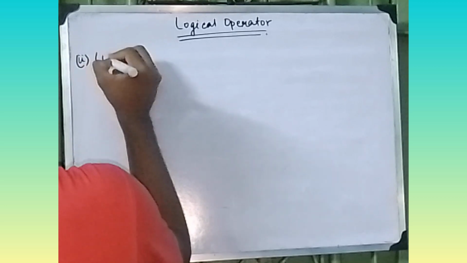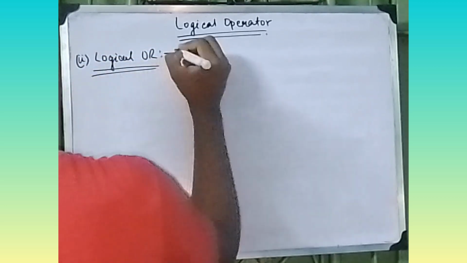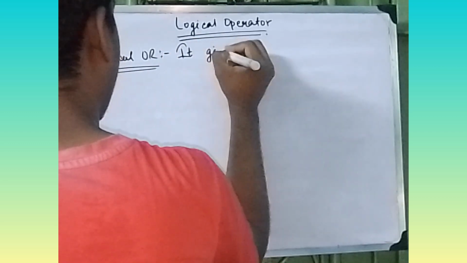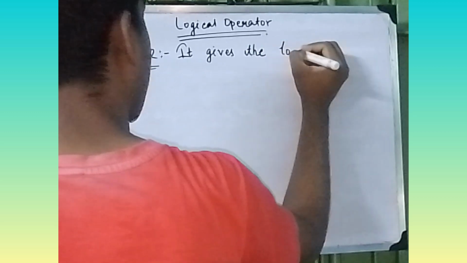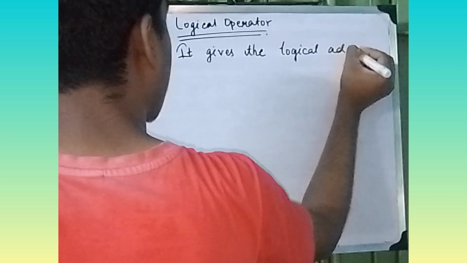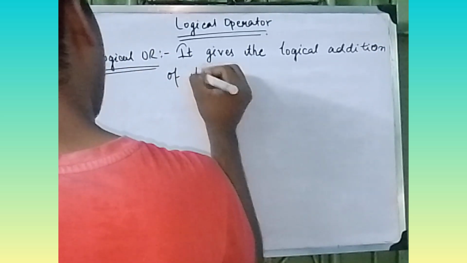Let's move on to our second logical operator, which is logical OR. This operator results in logical addition of two or more binary valued quantities. It is denoted by a plus sign.